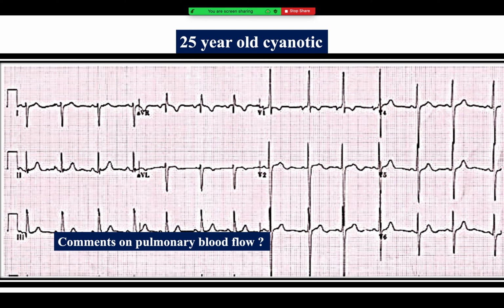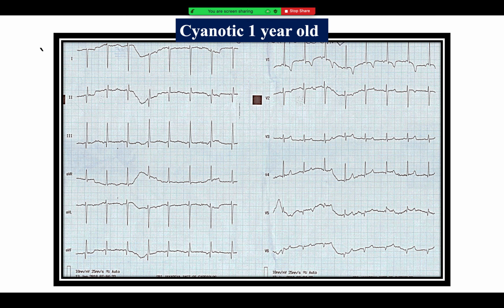However, we notice that from V1 to V2, the R, which was more prominent in V1, becomes less prominent compared to the S wave. So transition tends to happen around V2. Similarly, there is adequate amplitude of R and T waves in V5, V6 leads. So what does it mean? There is moderate pulmonary blood flow, which is characteristic of tetralogy of Fallot.